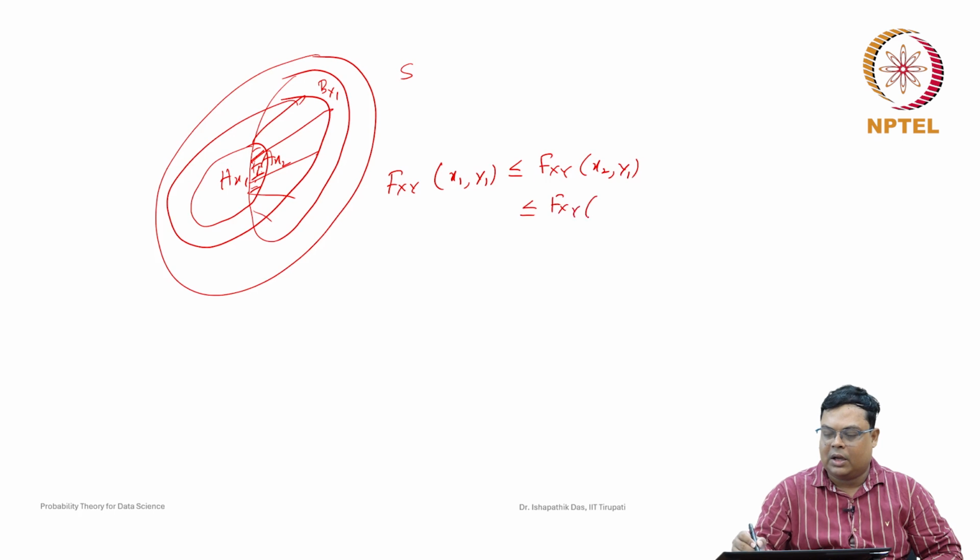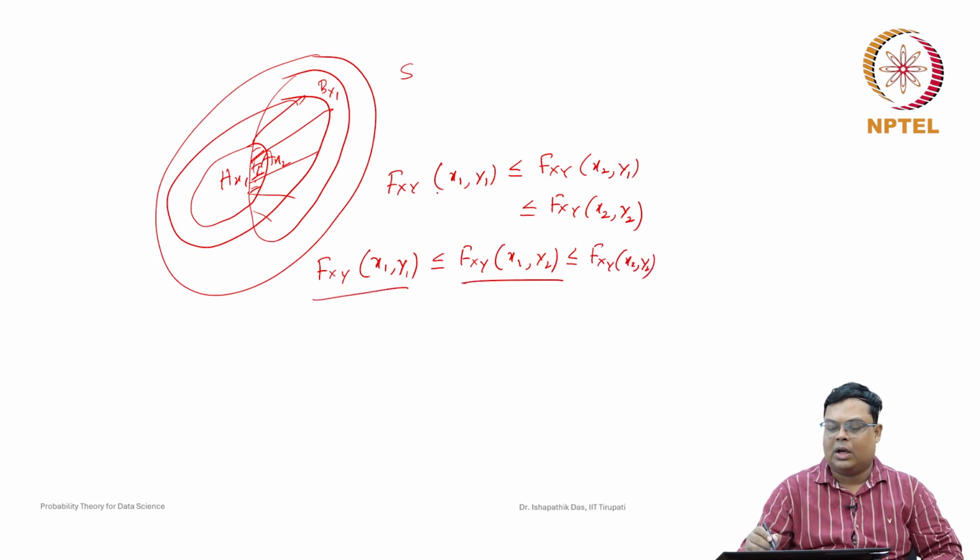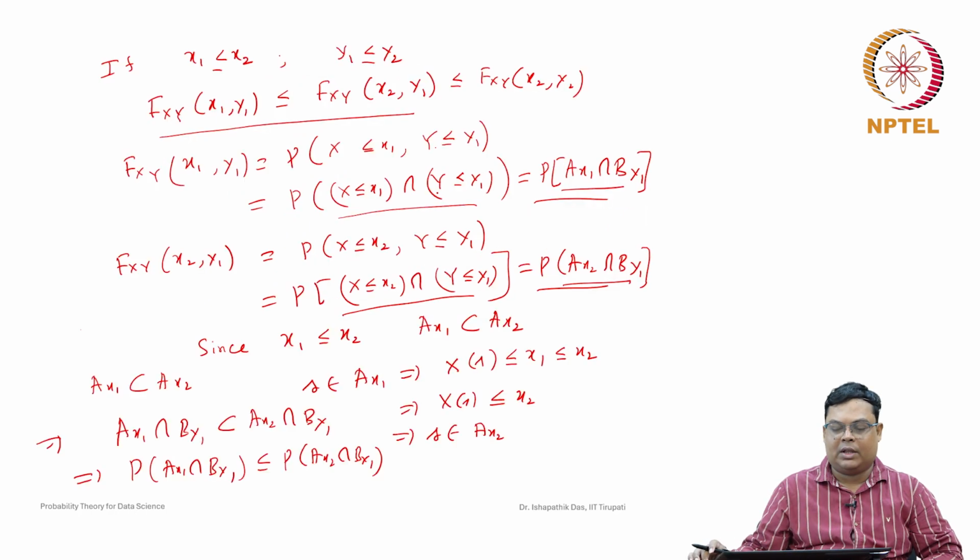Very similarly, we can keep x fixed and increase the value of the second coordinate. Here we first fixed y1, here we fix x1, then F_XY(x1, y2) is less than or equal to F_XY(x2, y2). So, this is the relationship.